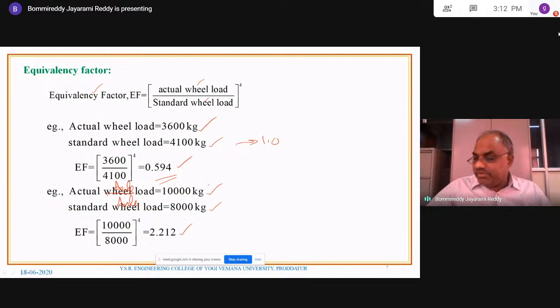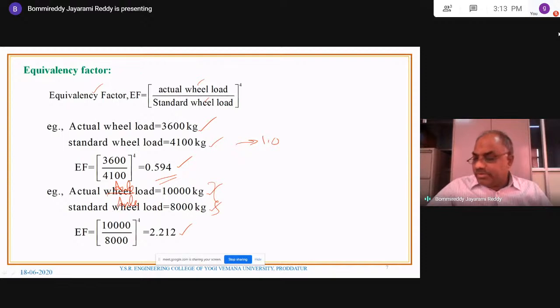You can see the difference between these two loads is very small, only 2,000 kg or 20%, whereas the equivalency factor is more than two times. That means the damaging effect of the 10,000 kg load is 2.21 times when compared to the standard load.